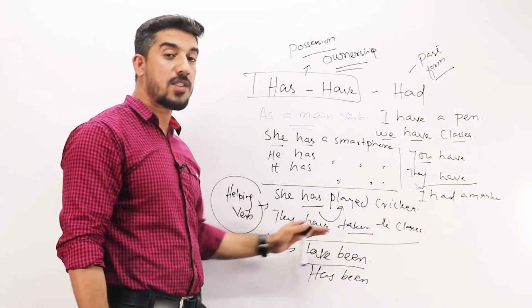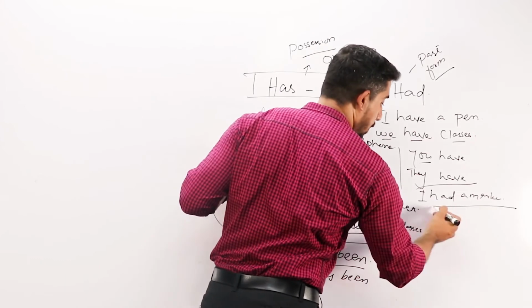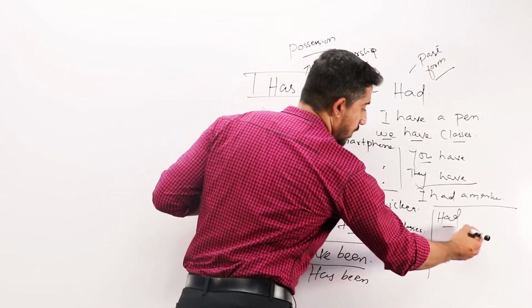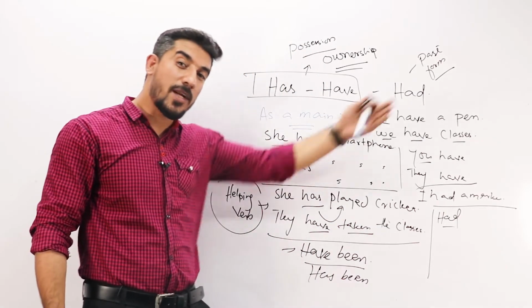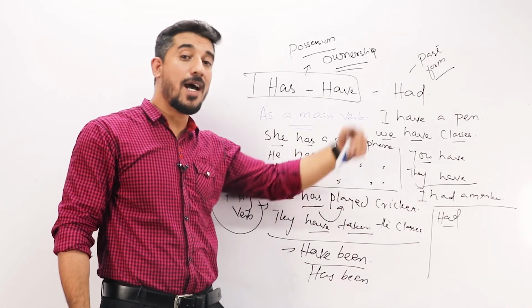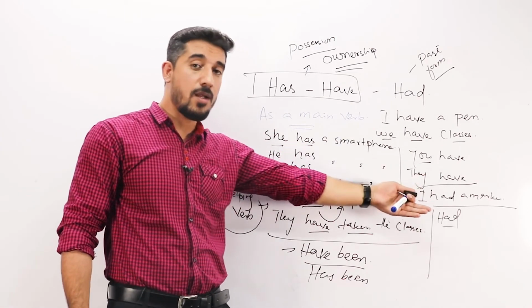And in past perfect tense, what do we use? In past perfect tense we are using had. She had played. They had played. I had played. We had played.